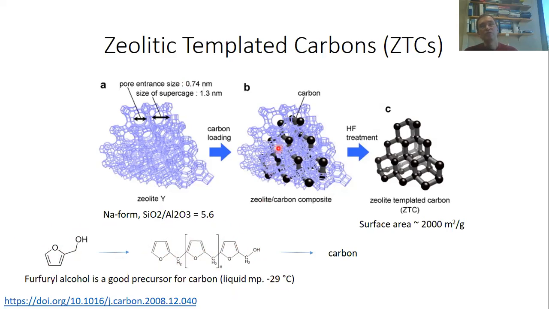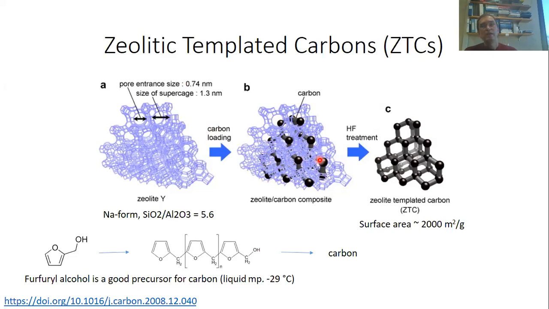Okay, so this way you can produce a carbon material within the pores of a zeolite. Now because the three-dimensional pores are interconnected, that carbon framework that forms in the pores is also a three-dimensional framework, which is interconnected.